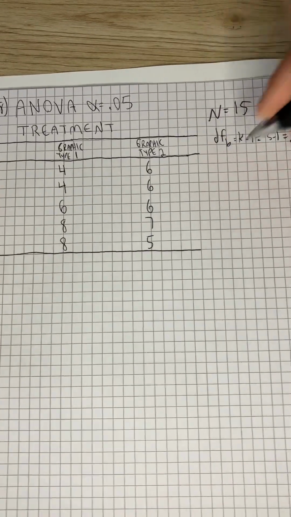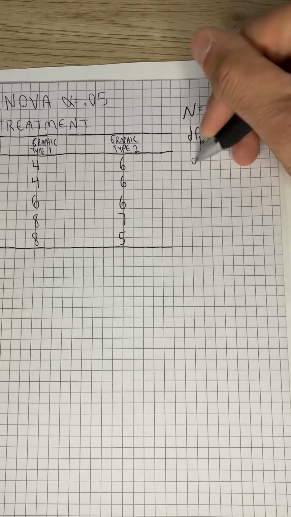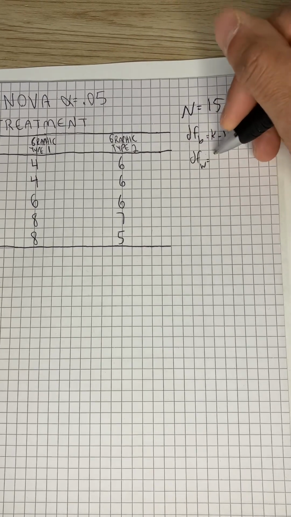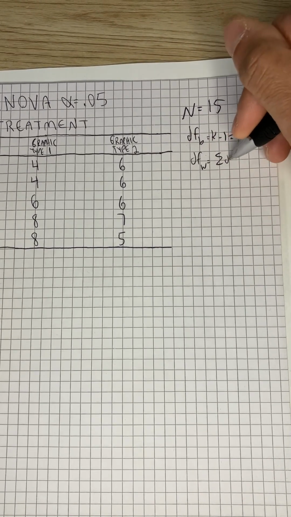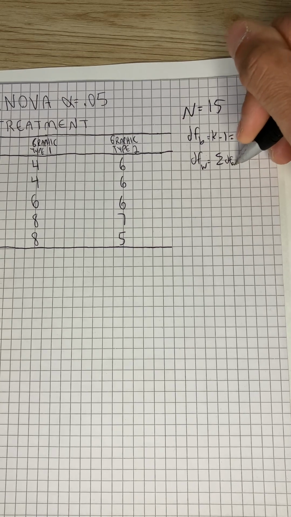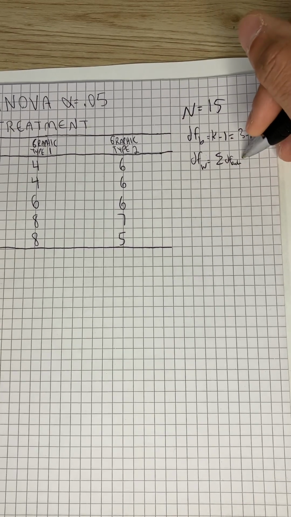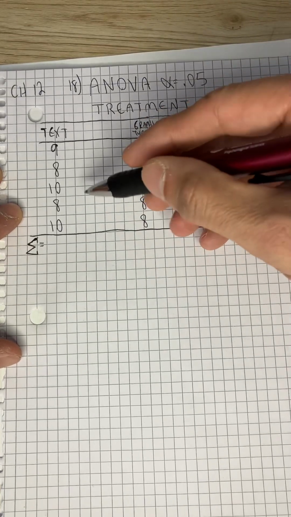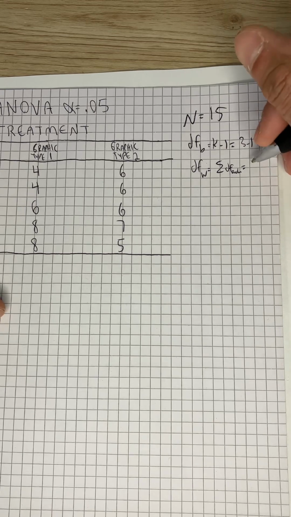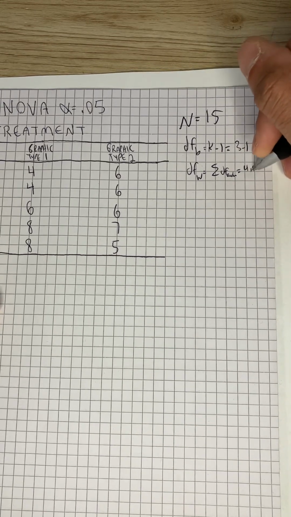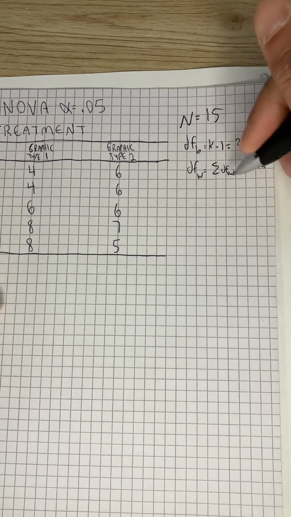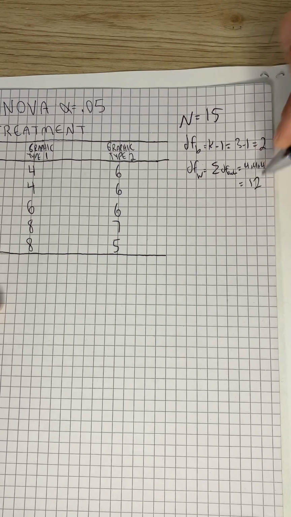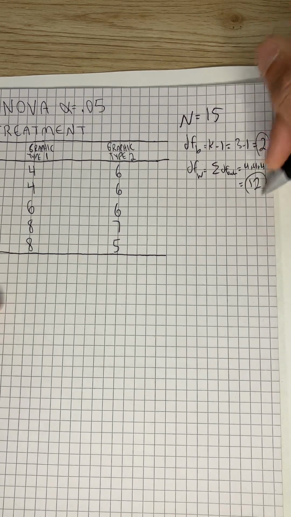Then the degrees of freedom within is the summation of the degrees of freedom of each group. That's n minus 1, and there are 5 in each group, so n minus 1 is 4. So it's 4 plus 4 plus 4, that's 12. So we have 2 and 12, right?